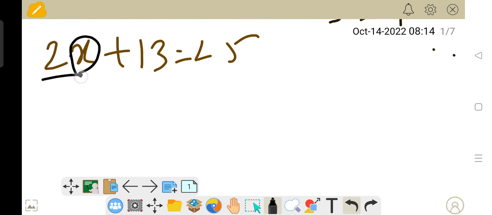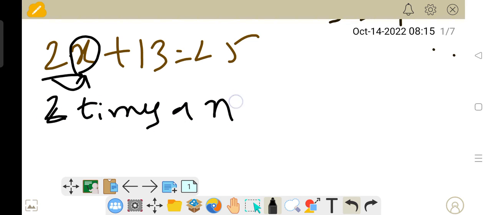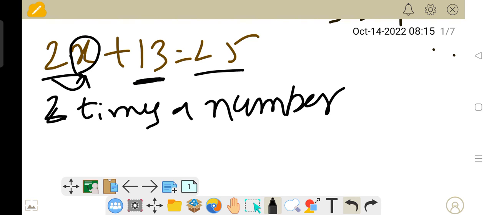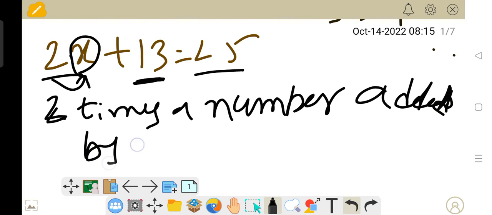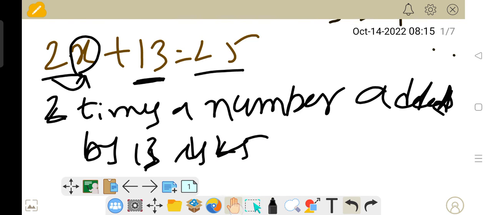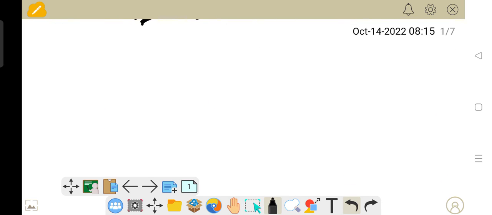A number, 2 times a number, means 2 times a number added by 13. 2 times a number added by 13 gives 25. 2 times a number added by 13 is 25 or gives 25. Anything is okay. Okay.